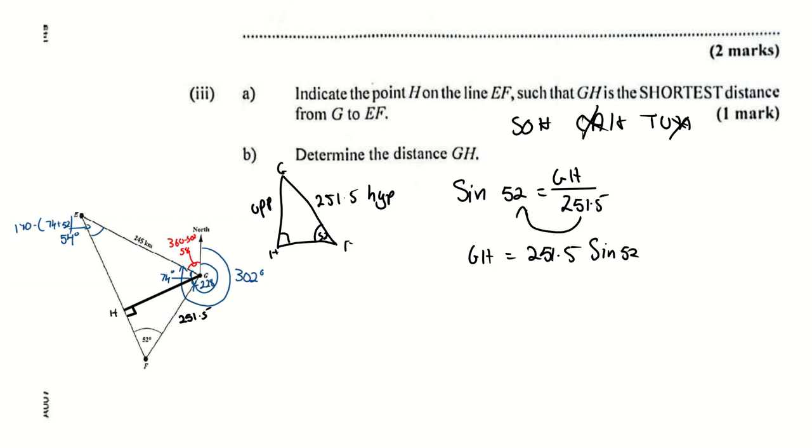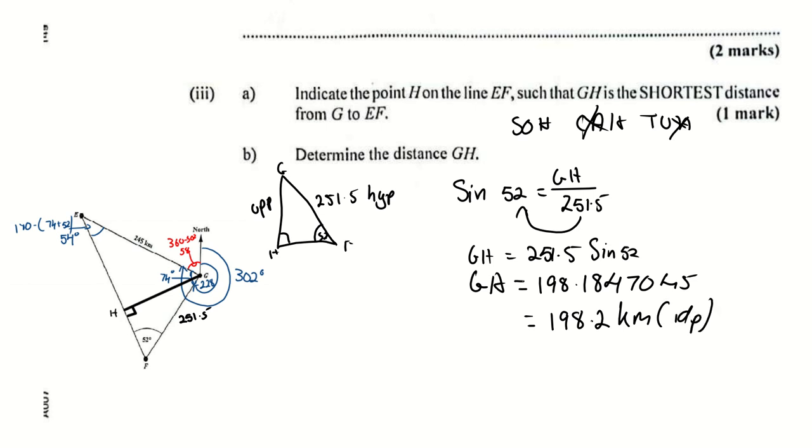When you do that, GH is 198.184745. They didn't ask you for the nearest kilometer or anything like that, so one decimal place, 198.2 kilometers to one decimal place. And that is the answer for determining the distance of GH.